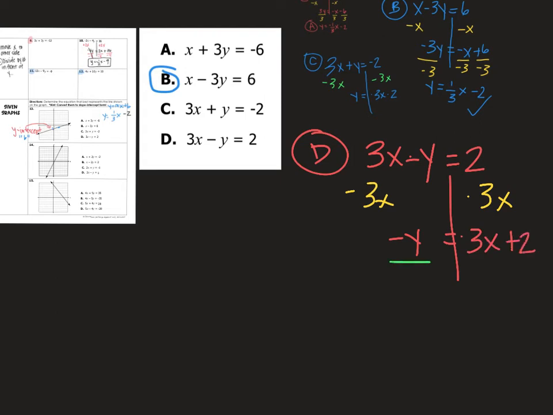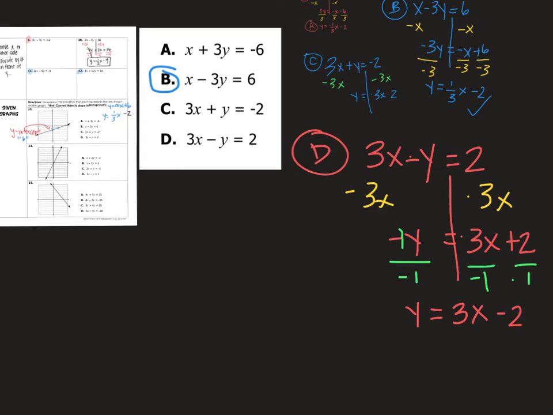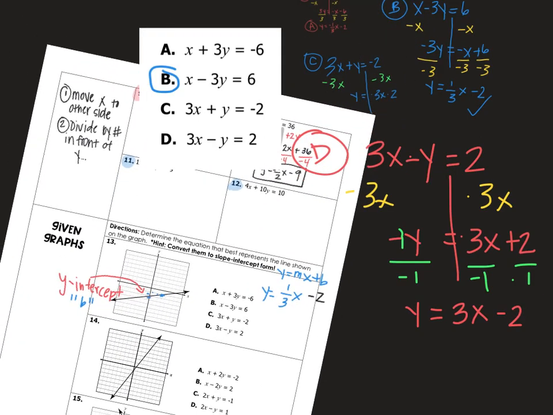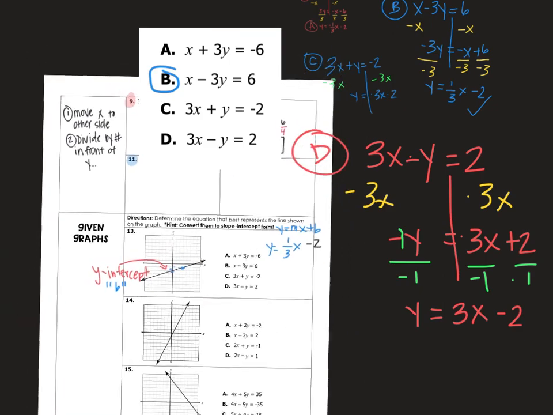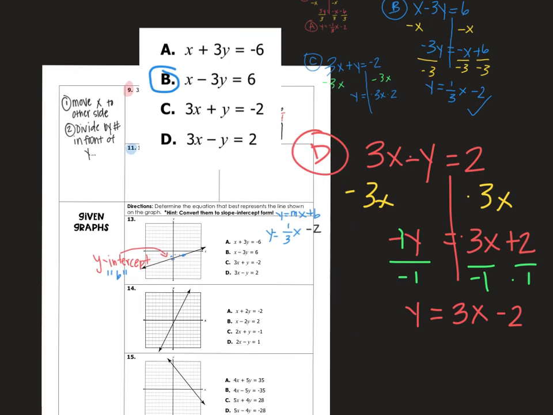I then need to divide everything by -1 because there's a -1 in front of this y. And I'd be left with y equals -3 divided by -1 is positive 3x, and 2 divided by -1 is -2. And that does not match because we want y equals 1/3 x minus 2. So as of right now, our best choice is B.